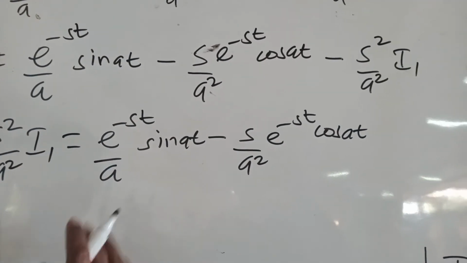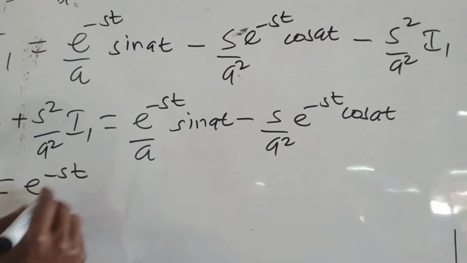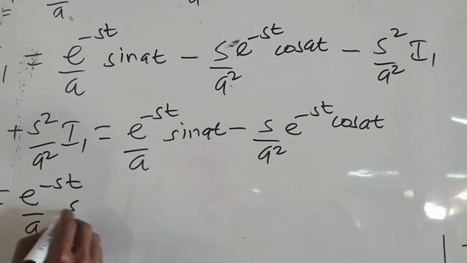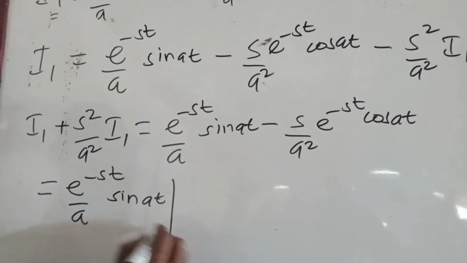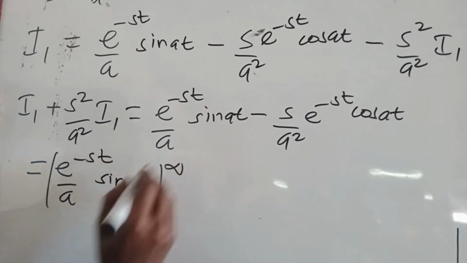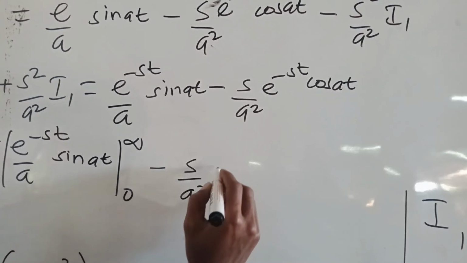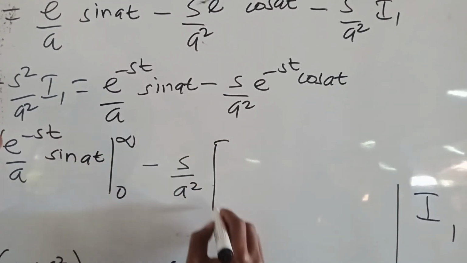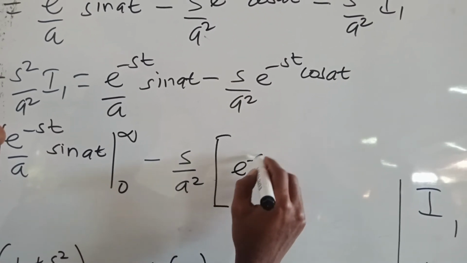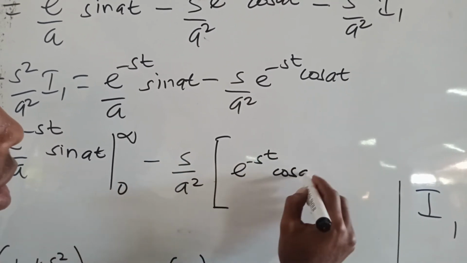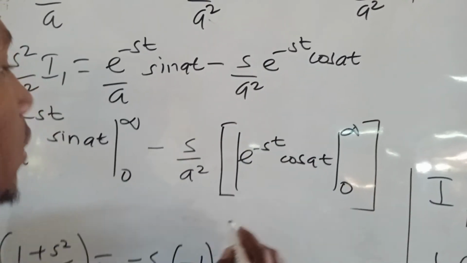Now we need to replace the limits. So this is equal to e minus st over a sine at, now we need to put our limits, that is 0 to infinity, minus s over a squared. Now this we do like this. We open our box bracket and we say e minus st cos at. We put our limits and we close the bracket.